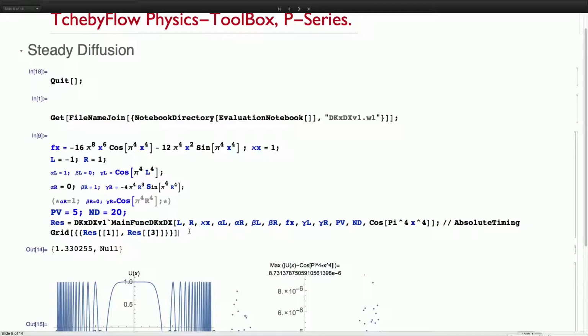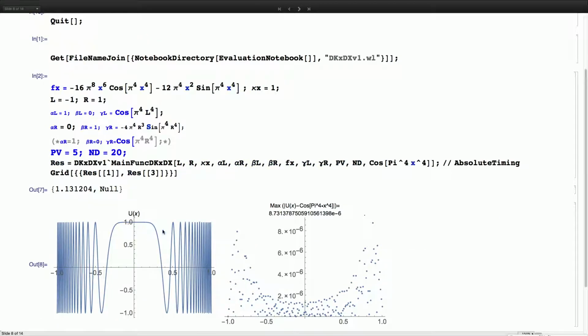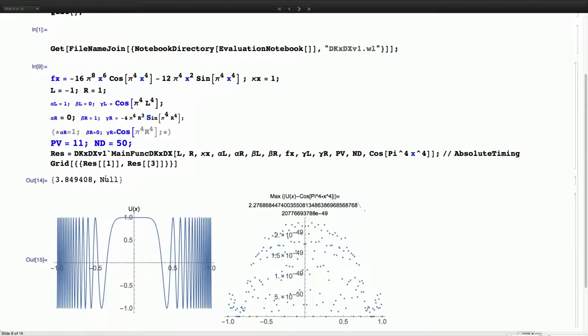And we also have an internal error estimation, which I'm not going to plot in here, but I can answer questions later on. So for 1.2 seconds, let's say, you get 10 to the minus 6. Let's say I want 10 to the minus 50. And let me run that. It is going to be like 3 seconds or so. OK, well, 4 seconds, you get 10 to the minus 50.